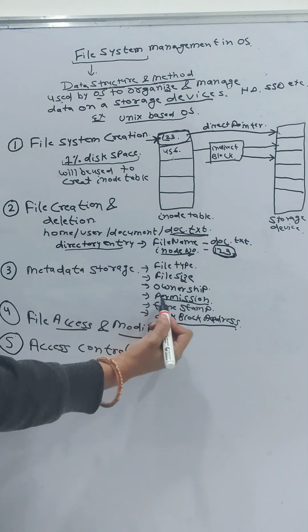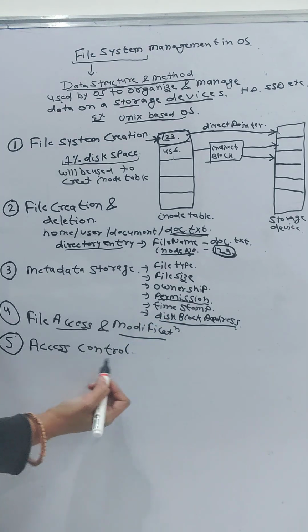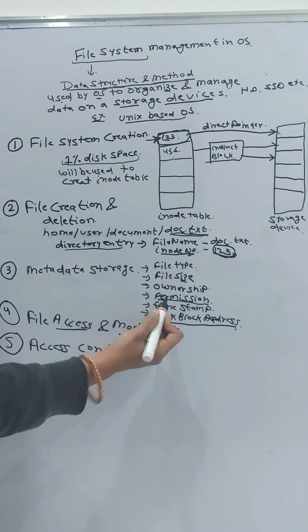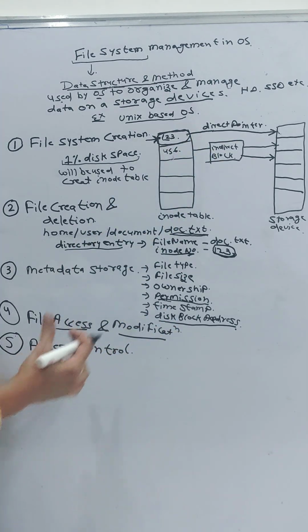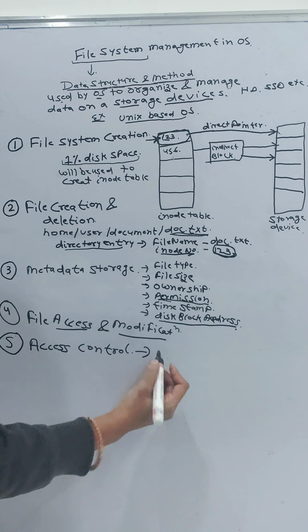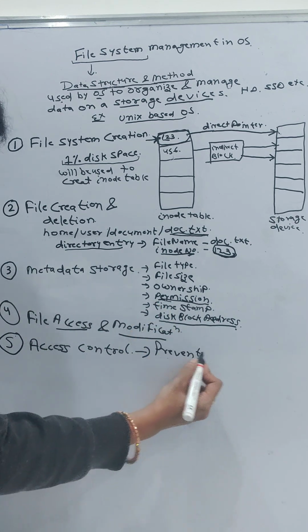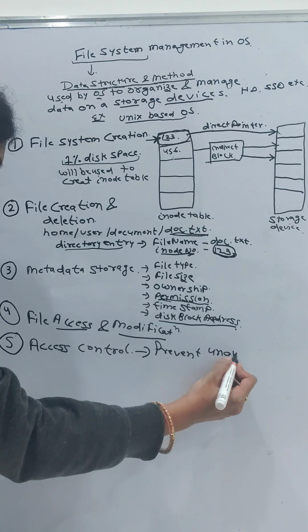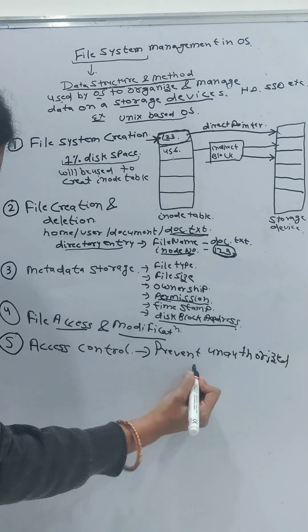From this, the operating system will understand whether this user is an authorized user or not. Based on this, it will open the file for the user. So it will prevent unauthorized access.